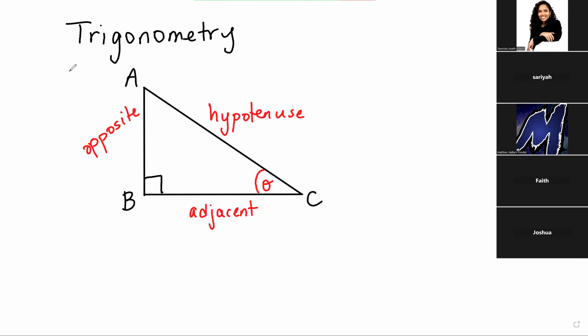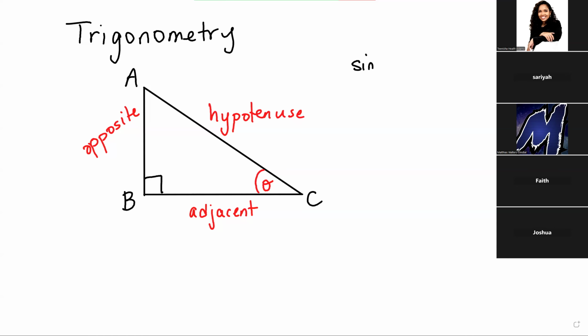Anybody recalls what are the three trig ratios that we use? Anybody? The three different trigonometric ratios that we use. Who could recall what they are? Let me see. Josh or Matthias, you're going to tell us? Tell us, Matthias. I saw you unmuted. This is sine, cosine, and tangent. That's right. It's sine, right?